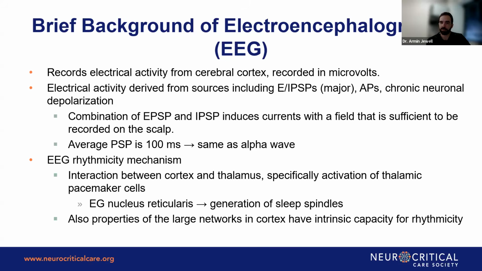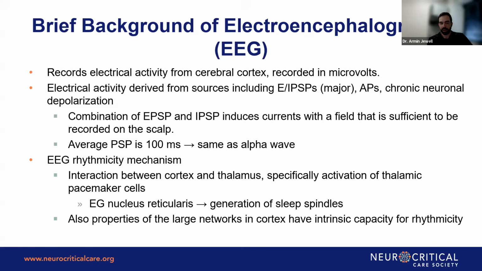Those are the major contributors. I'll show a picture in the next slide to make it a little bit more visual. But the combination of the excitatory and inhibitory electricity essentially creates a field that's enough for it to be picked up by the scalp electrode. And the length of the postsynaptic potentials ends up showing up in the graph of the EEG.